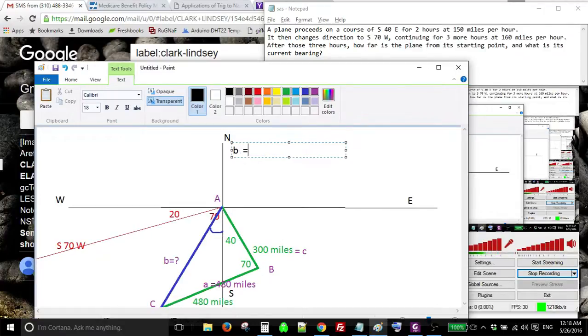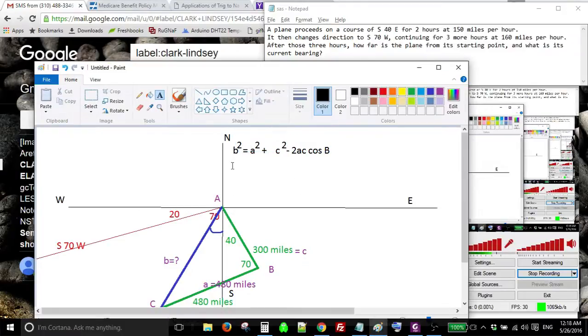B squared equals A squared plus C squared minus 2AC times cosine B. And now I'll put in the squareds. Squared, squared, squared. Okay. So that's the formula that I'm going to use.